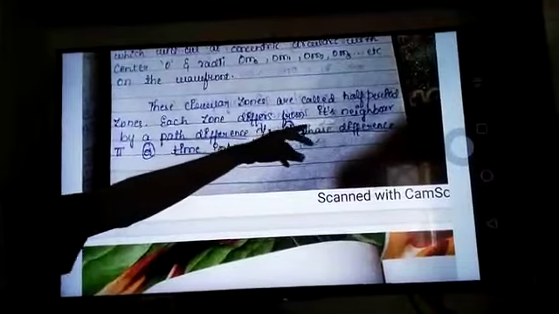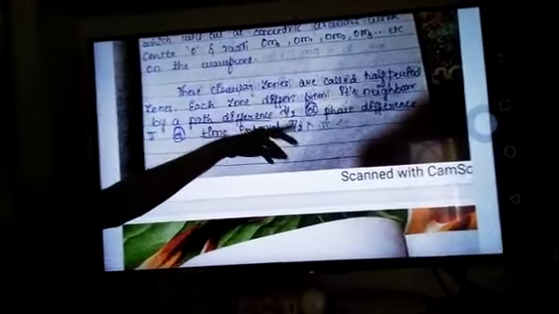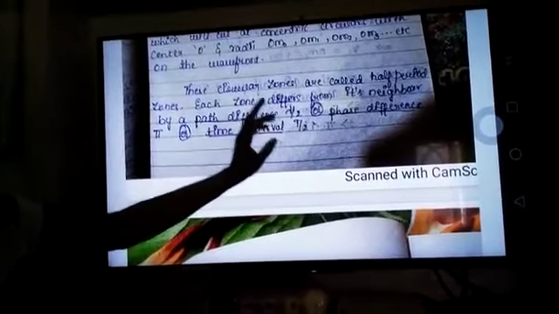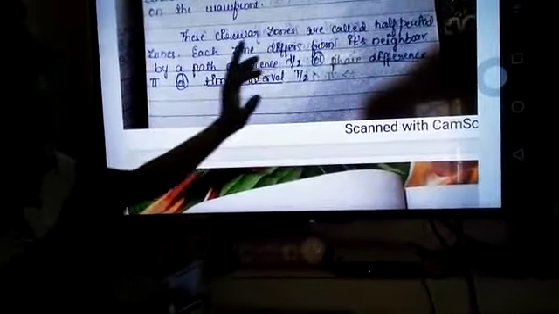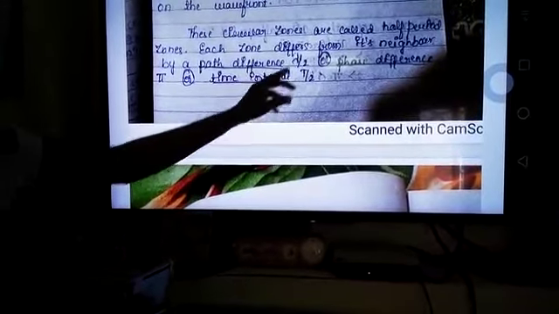Each zone differs from its neighbor by path difference lambda by 2. The phase difference is pi, and the time interval is T by 2.